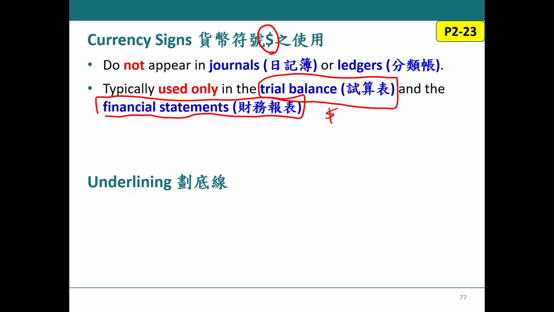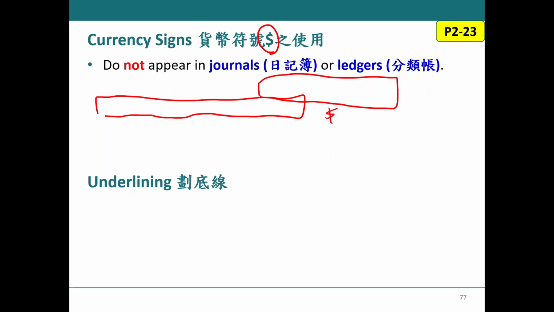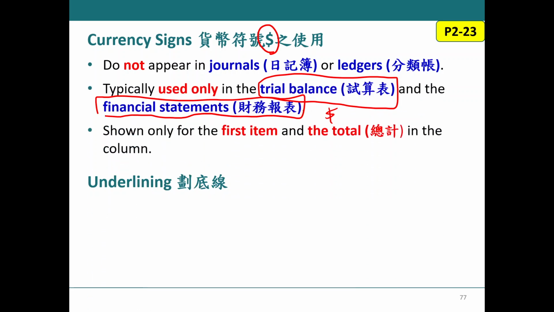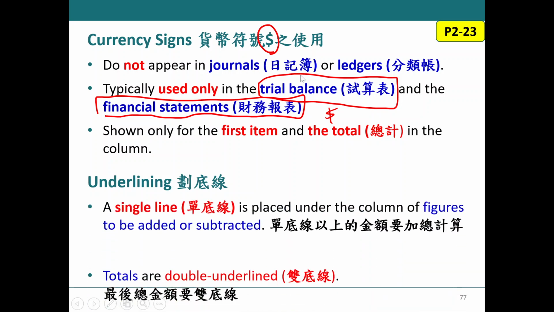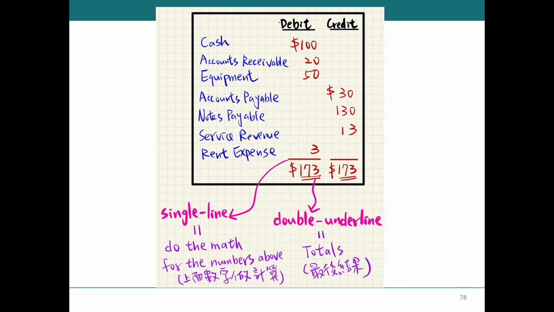And even though we use the dollar sign, we will only use it on our first item and the total, meaning the last one. We don't use the dollar sign too much, because it's quite ugly. For example, next slide. We will use the dollar sign on our first item and our total. We don't use a dollar sign for each number because it's quite ugly.